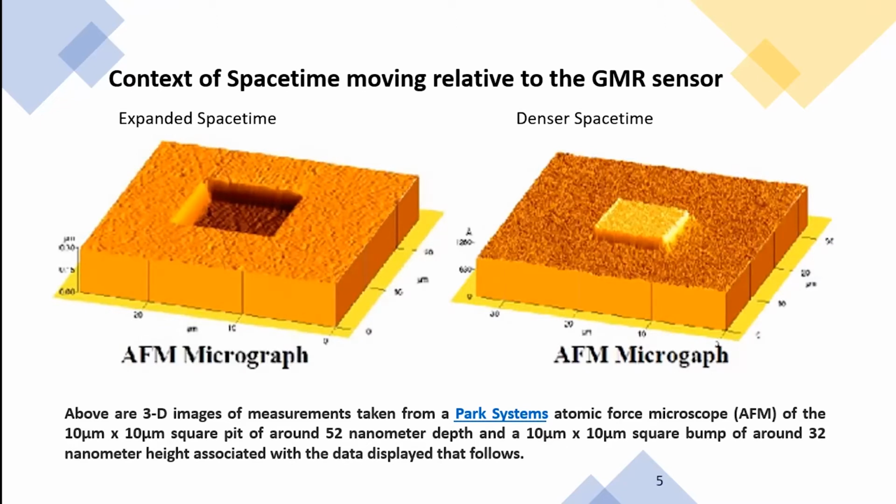And so in this case, when you go over the nano pit, it's a region of expanded space-time. And when the nano bump goes under the sensor, the sensor is only 100 nanometers away, just for your information. So it's sensitive to the increased density of space-time as the bump goes under it.